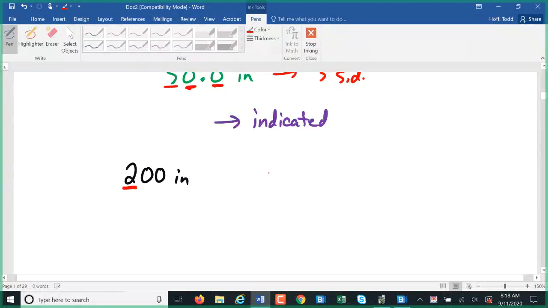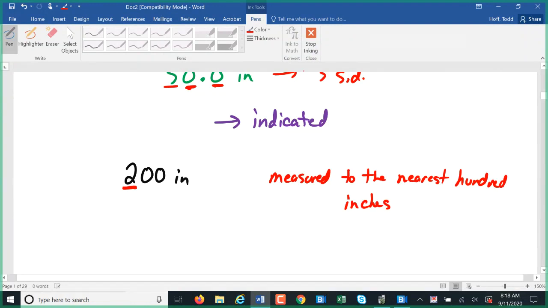It's implying that it's measured to the nearest 100 inches. In other words, a degree of precision of 100 inches and an error of plus or minus 50 inches, because that is the last digit that is significant.